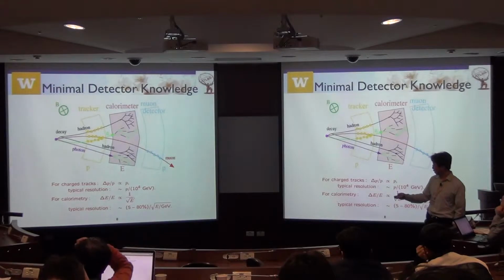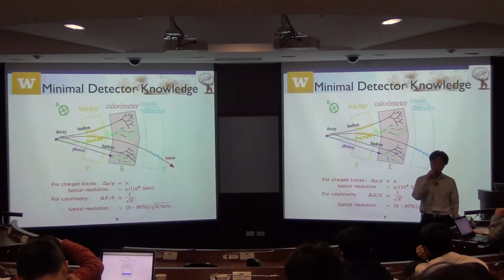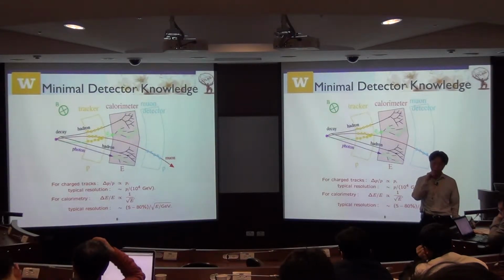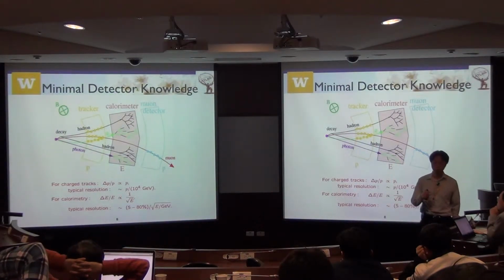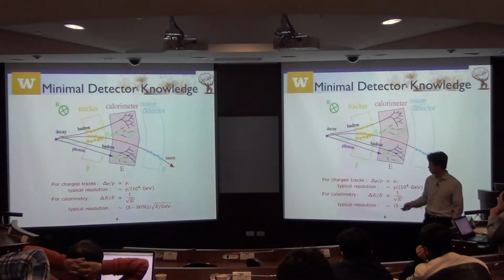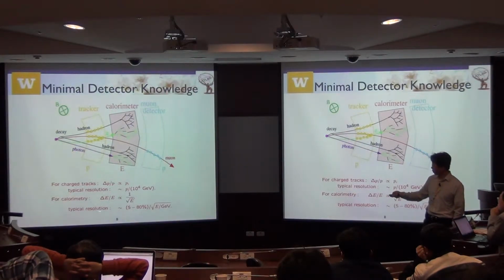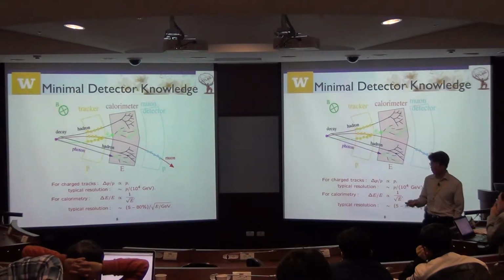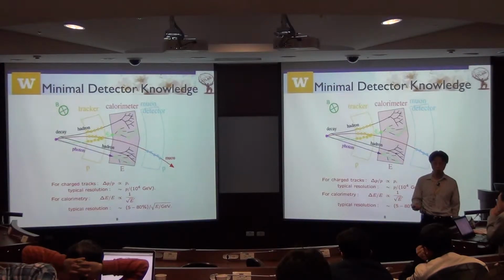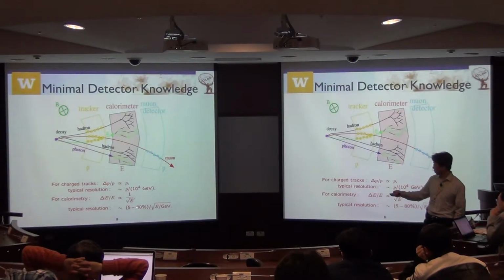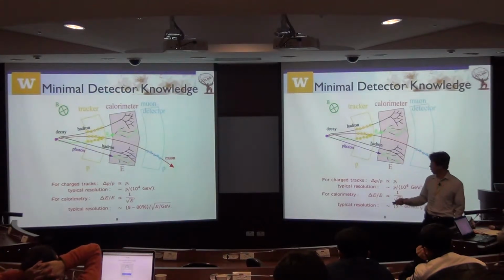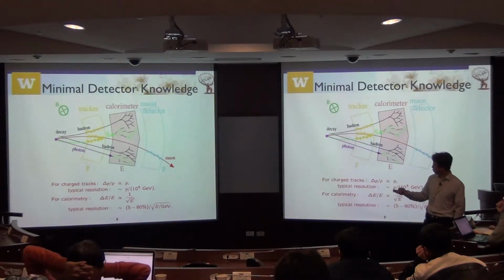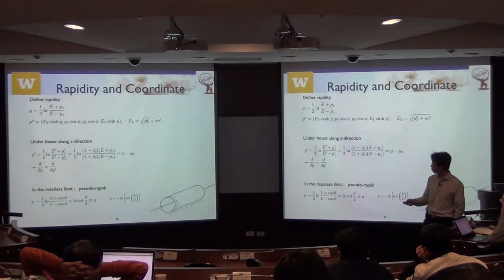Then, in that case, the resolution of the energy is inversely proportional to the square root of the energy. So the typical resolution in a calorimeter is basically about this factor. Okay. All right, so I will try to go through each object in the next slide.